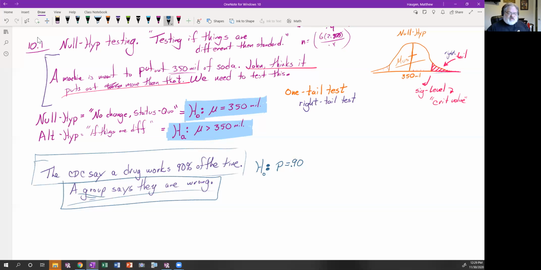The goal in hypothesis testing, and this is really important, is to reject the null. You want to see, is there enough evidence to say that the basal assumption is wrong? Fair?